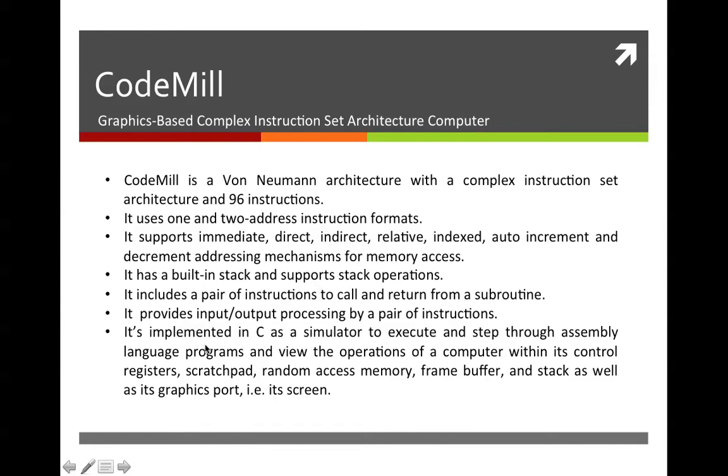It's implemented in C as a simulator, so you can execute and or step through assembly language programs and view the operations of a computer within its control registers like program counter, IR, stack pointer, etc. Its scratchpad you can also view, and you can look at its random access memory, RAM, frame buffer, video RAM, VRAM, stack, as well as its graphics port, that is its screen.